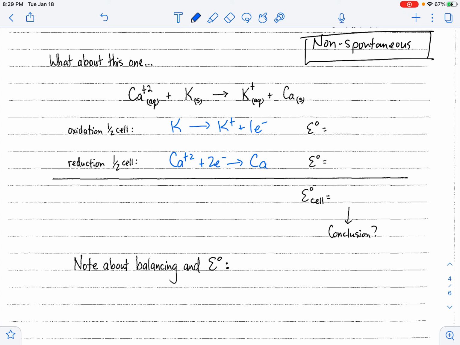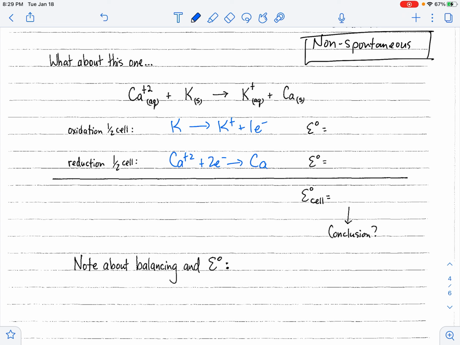Okay, now before I do any of the numbers, if I was going to balance this equation, I would have to multiply the top one by 2, because there's 1 electron being produced, and that needs to cancel the 2 electrons of the reduction.